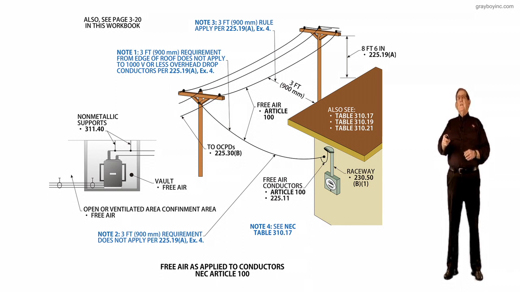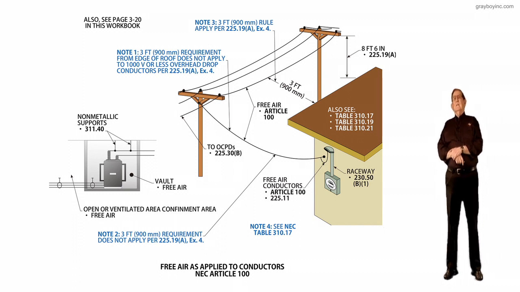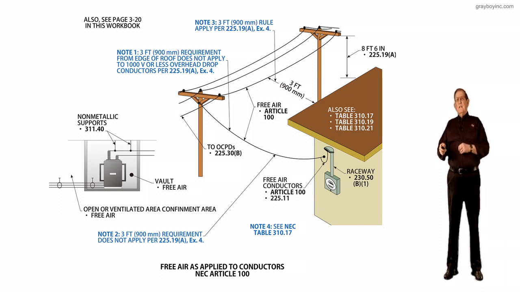The note 3 up here talks about the 3 foot where it would apply per 225.19(A) exception 4. And then, of course, for these overhead conductors here, we would see the NEC table 310.17. So basically, you also see on the roof area here, flat roof to the right.